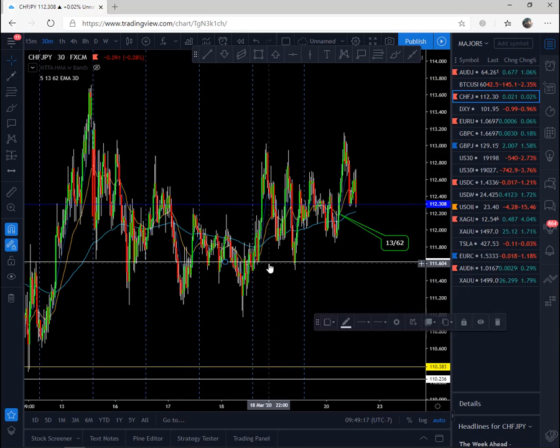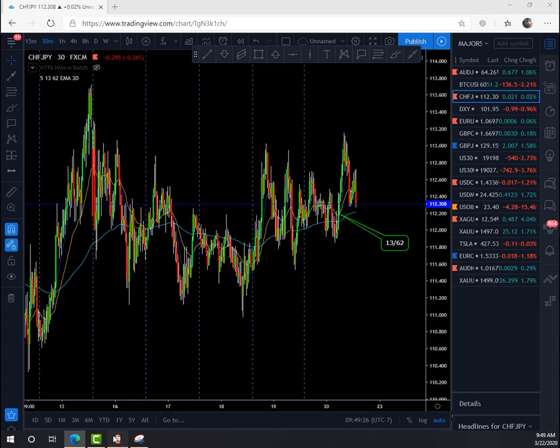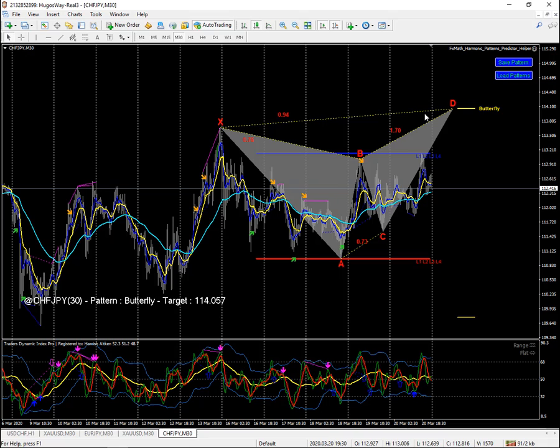So now I'm going to transfer the patterns that the MT4 scanned for us. So we have two potential patterns. And again, this is the area where the 13 and the 62 cross. So I'm gonna first identify that impulsive move, which is the X to A leg.